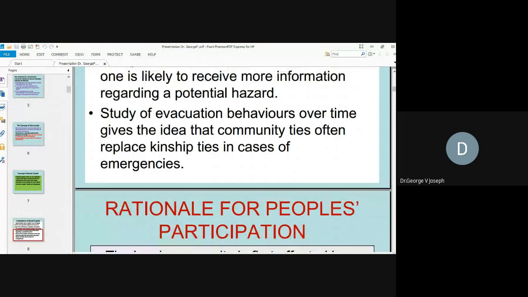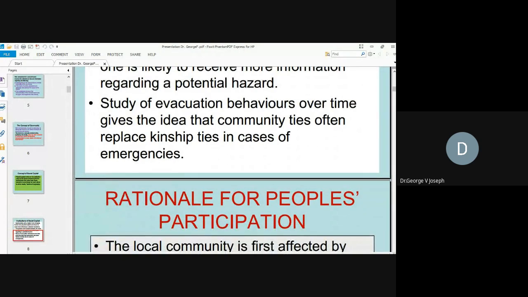Rationale for people's participation. Why should people participate in risk reduction or risk analysis or vulnerability reduction? What do you feel? What is the need for the people to participate? Why should people participate in risk reduction activities? What do you feel?